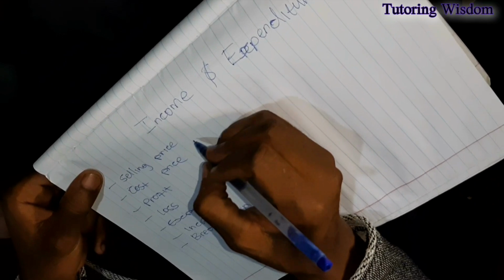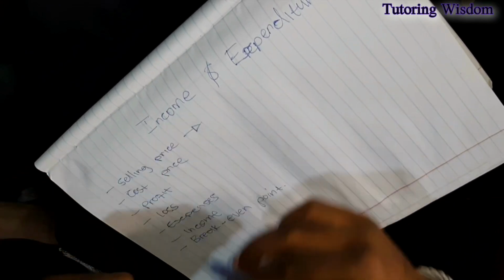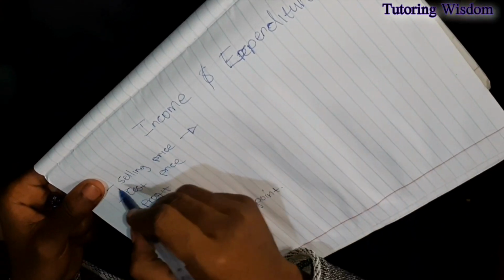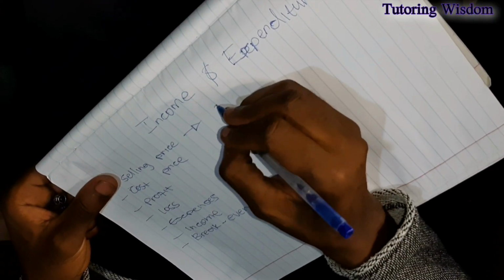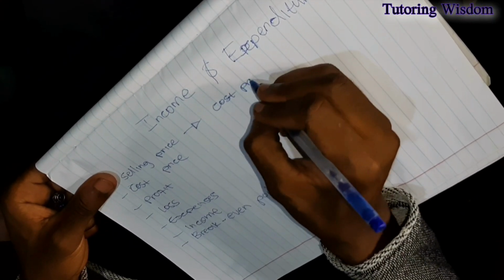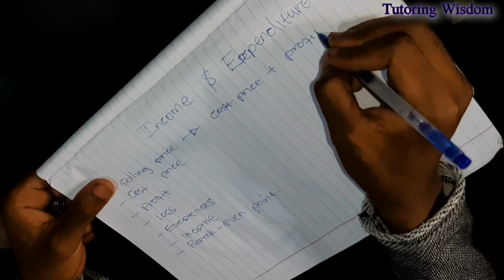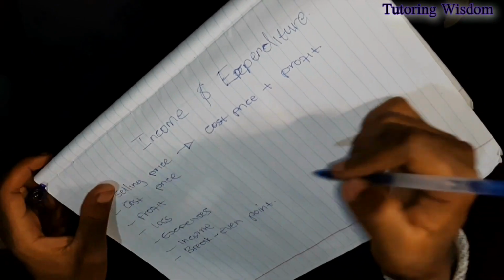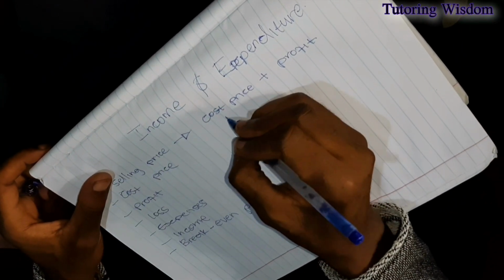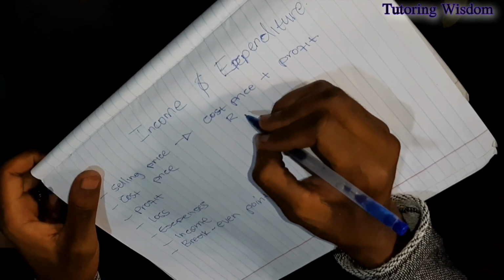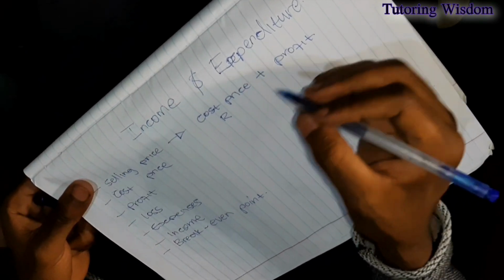Your selling price is the amount of money you are selling a certain product for, which you've ordered at a certain shop. So your selling price should be your cost price plus your profit. Remember, when you are buying something from a shop, you have to add a certain amount of money to add value to that product or service or good.